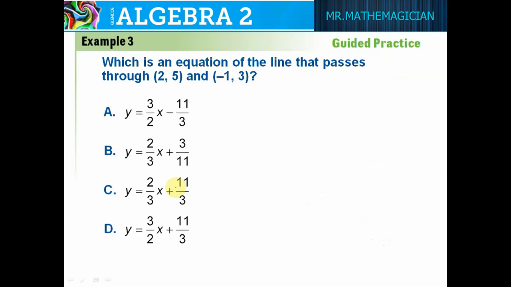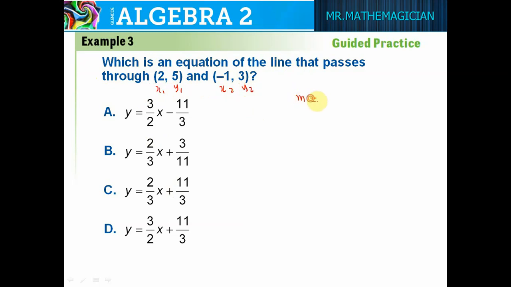Now example 3. Which is an equation of the line that passes through (2, 5) and (-1, 3)? The same, we will name this one x1, y1 and this is x2, y2, and we'll start finding the slope.